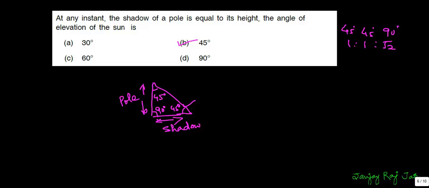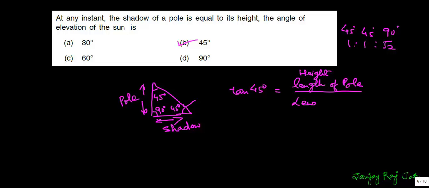Otherwise you could do SOHCAHTOA, tangent of 45 is equal to length of pole or height of pole divided by the length of shadow, and these two are equal, so the result will be 1, and this was theta.